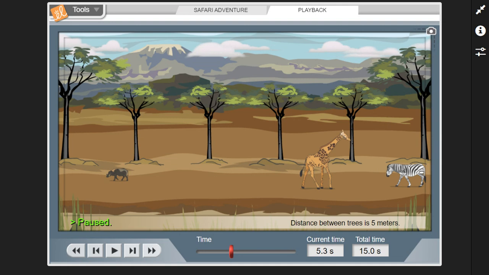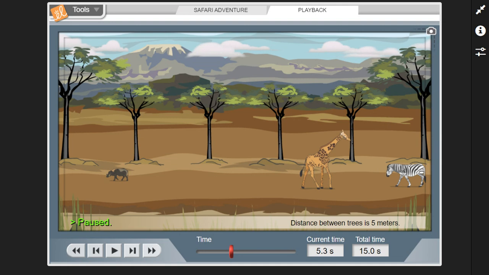To get the speed of the giraffe, you're going to do 5, which is the distance first, 5 meters, divided by 2.8 seconds, and that's giving us 1.79, and we're going to round it to the nearest hundredths place. So it'll be 1.78 meters per second is the speed of the giraffe.